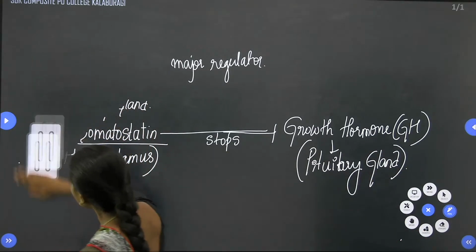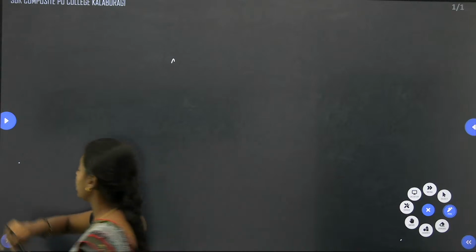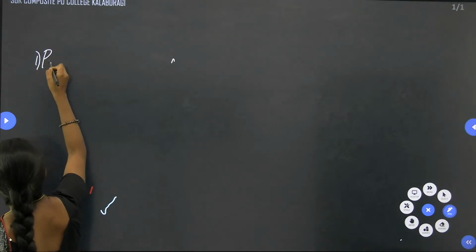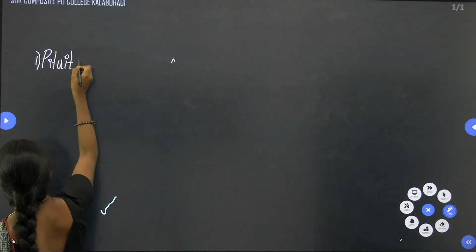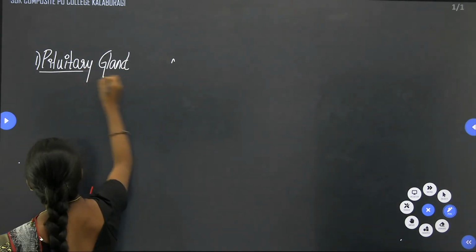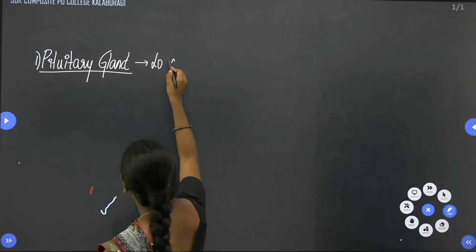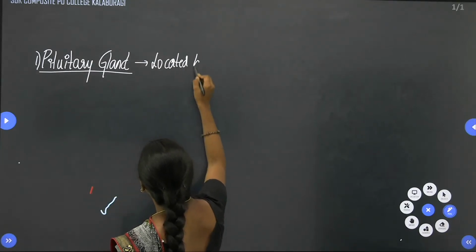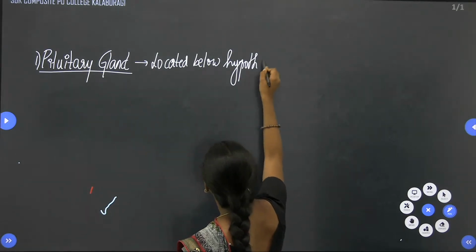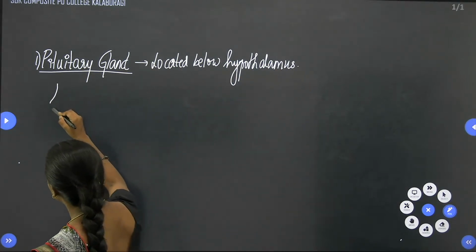Next, the major endocrine glands we can observe in human beings. The first endocrine gland is the pituitary gland. The pituitary gland is located below the hypothalamus.